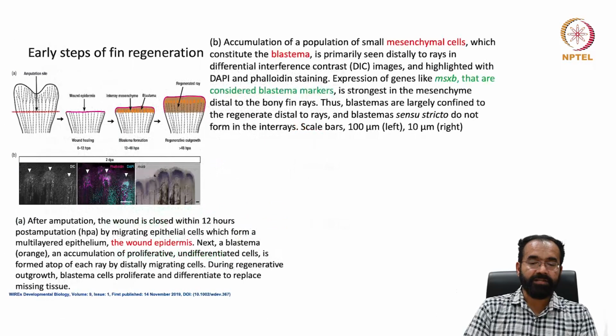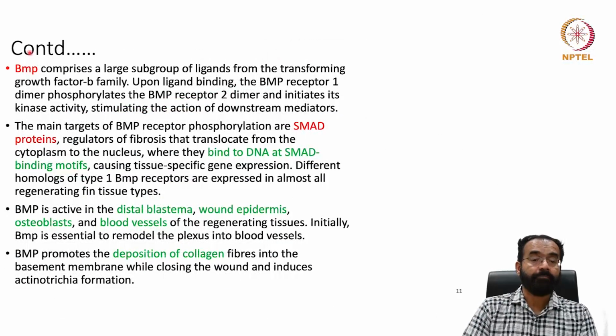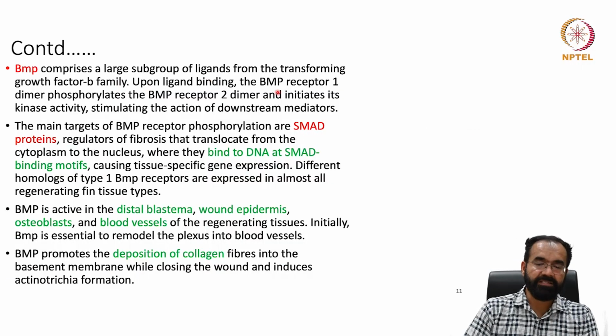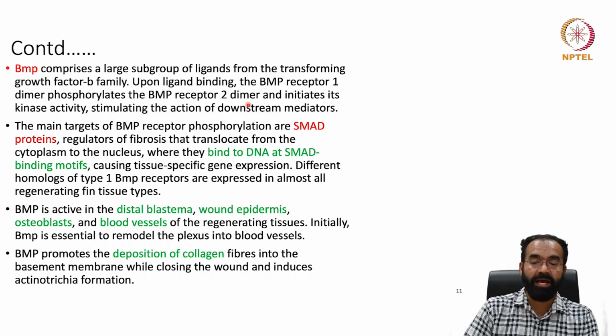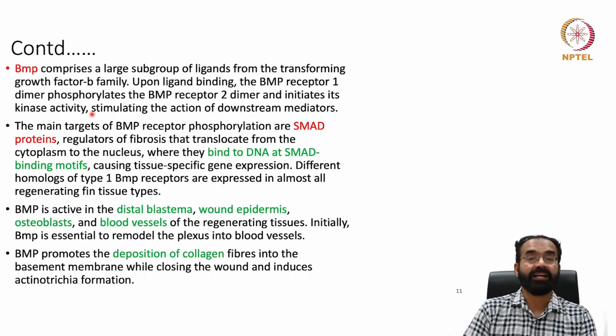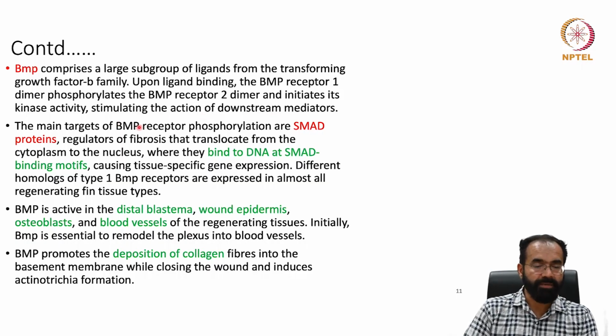So what you should understand is that BMP comprises a large subgroup of ligands from the transforming growth factor beta family. Upon ligand binding, the BMP receptor 1 dimer phosphorylates the BMP receptor 2 dimer and initiates its kinase activity, stimulating the action of various downstream mediators.